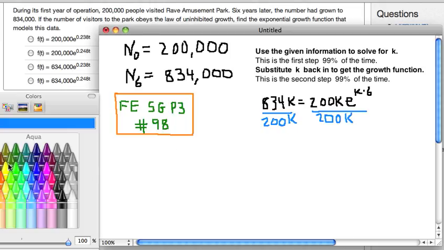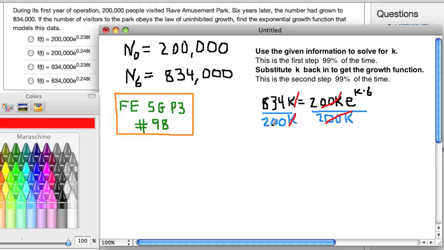Maybe that's a bad choice of letters here in this problem to use that k there. This k right here represents the number 1,000, or a multiple of 1,000. And so it cancels there. 834 divided by 200. I should have done that before I did the video. My apologies. But I've got my calculator right here.